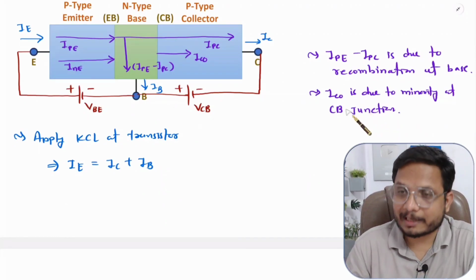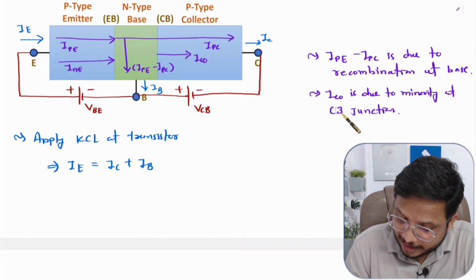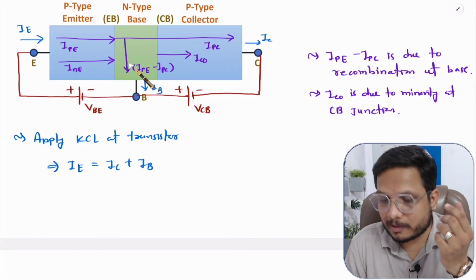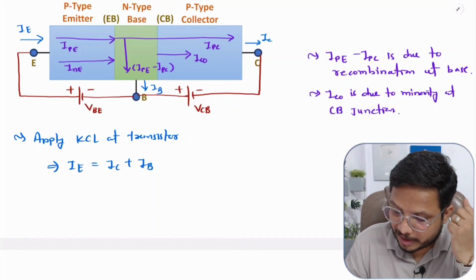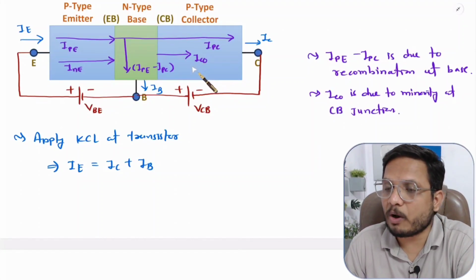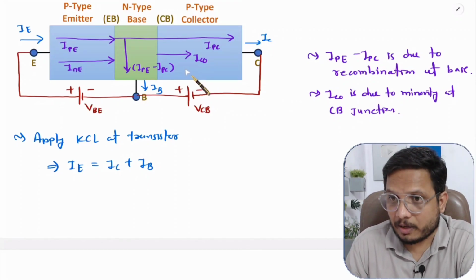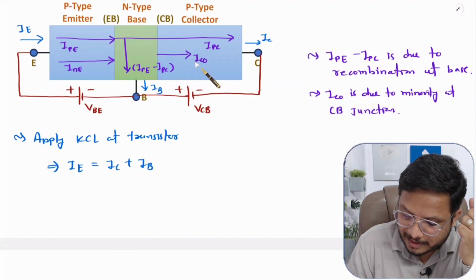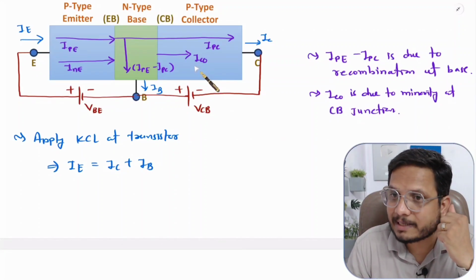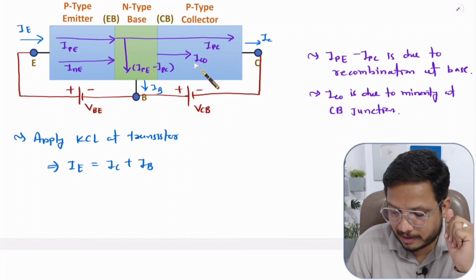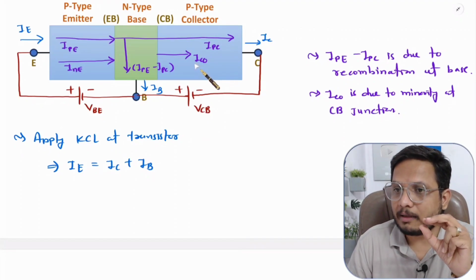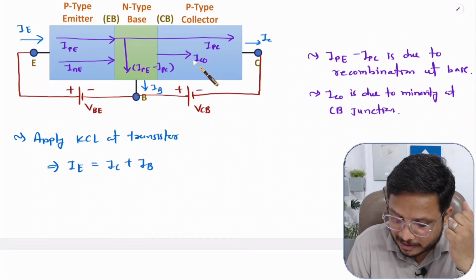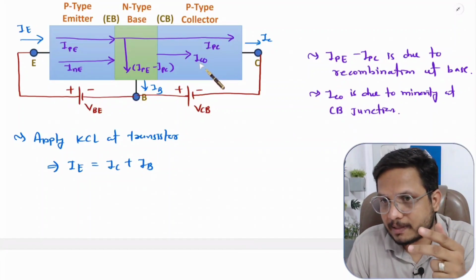So the minority carriers at the N side will be holes, and at the P side will be electrons. So you can say this ICO will be a combination of ICO due to electrons and ICO due to holes, right? So ICO is NICO plus PICO, which is there due to electrons and holes.